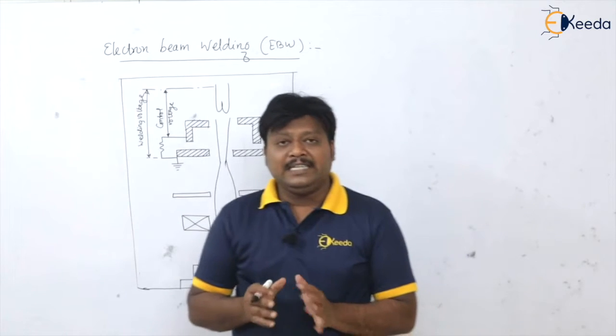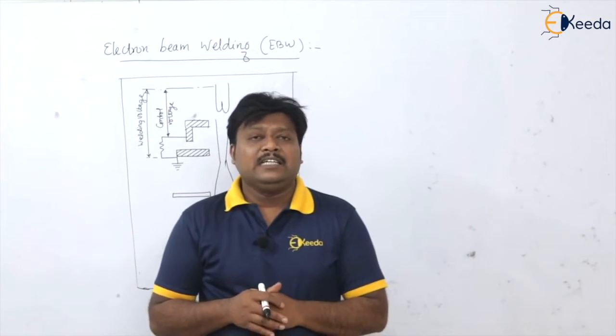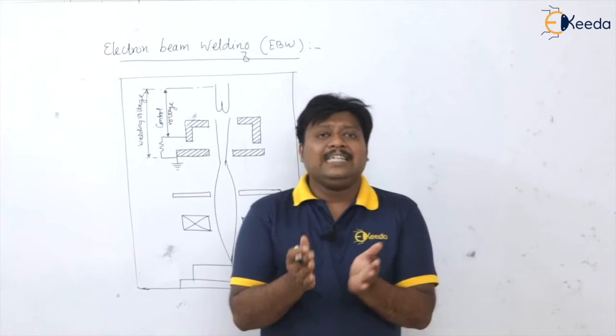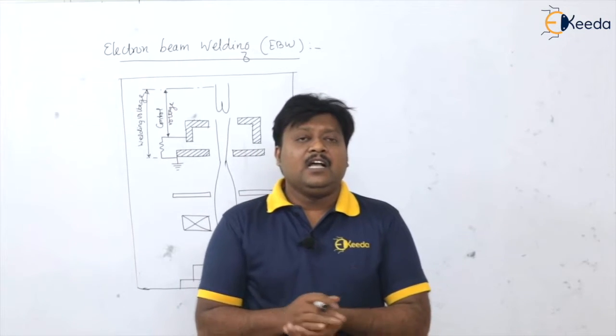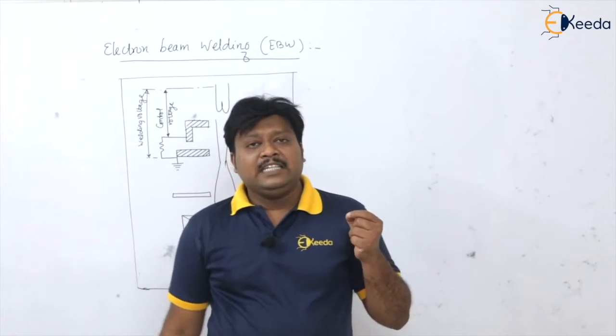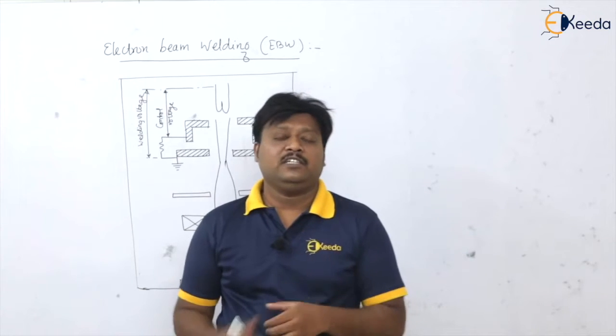Basically, in electron beam welding, the heat required for the fusion is obtained by the kinetic energy of the dense electron beam. The beam consists of electrons which are moving with very high velocity.